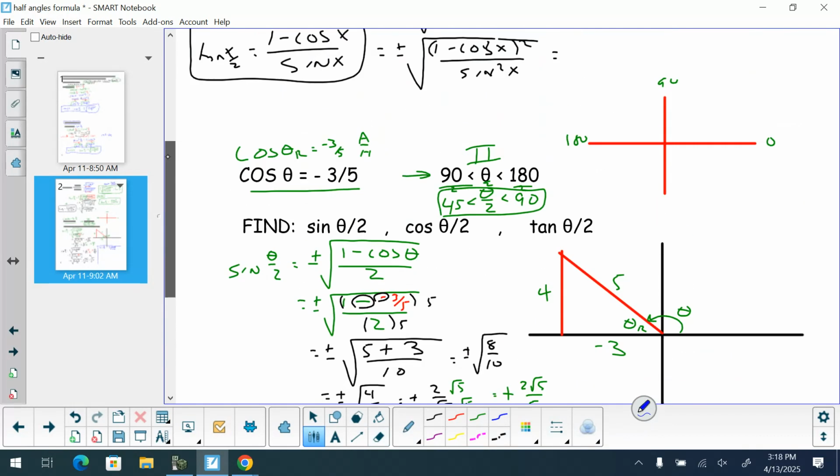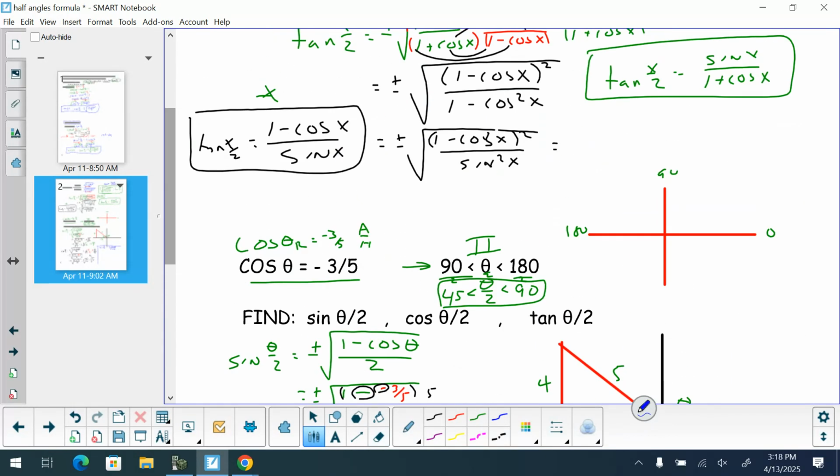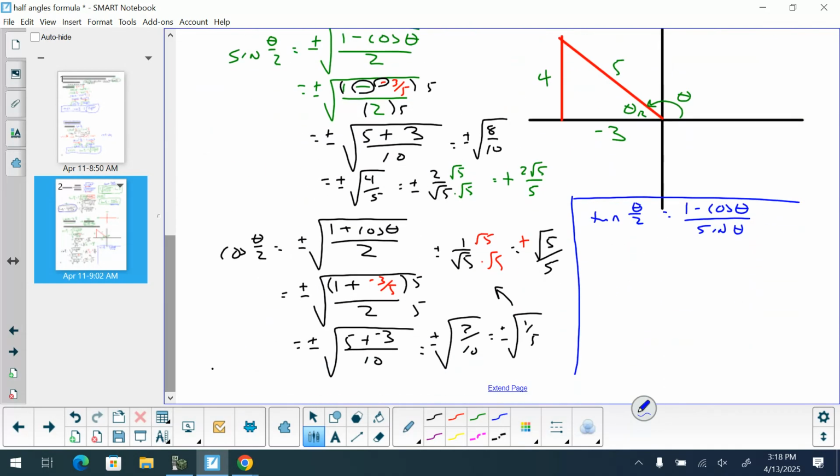That's my choice of using this. Reason why is if you have radicals in here, it's easy to rationalize the denominator with this formula. If you use this formula up here, now you have to worry about conjugates when you rationalize the denominator. This one's a lot easier because we just have a single term.